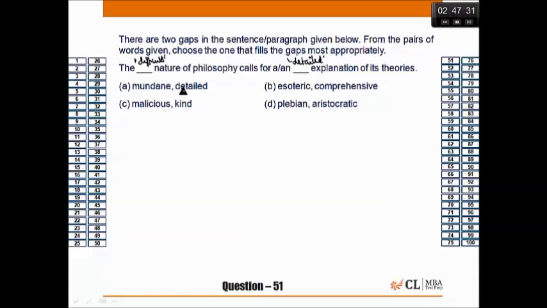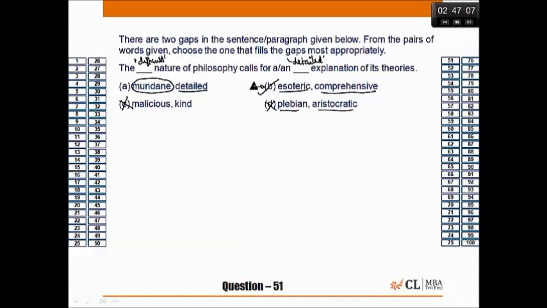Okay, we have detail. Mundane nature of philosophy. No, that doesn't sound great. Esoteric is difficult, comprehensive explanation. This sounds good. Malicious nature of philosophy calls for a kind explanation. This doesn't fit in. Plebeian, aristocratic explanation. This doesn't fit in. I think B is good.